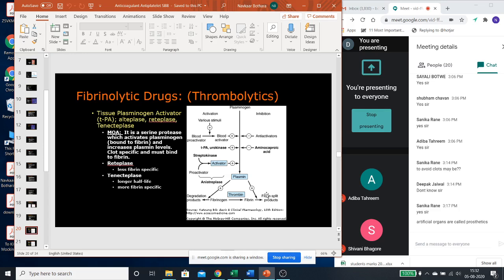So this is the physiological mechanism, and there are various mechanisms. There are proactivators in the blood, which are activated because of stimuli. There are also some anti-activators present. We call this the tissue plasminogen activator, or we know urokinase, which is from the kidney.